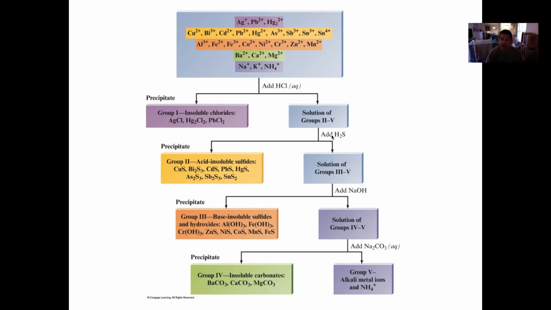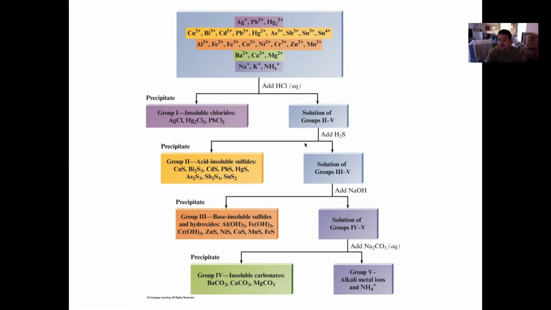All right, now you add the hydrosulfuric acid, the H2S. That sulfide ion, the S2-, all right, a lot of things are insoluble with it. So if you get a precipitate, you know it's either going to be copper, bismuth, cadmium, lead, mercury, arsenic, antimony, right? It's going to be one of those.